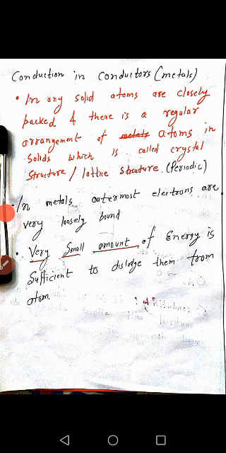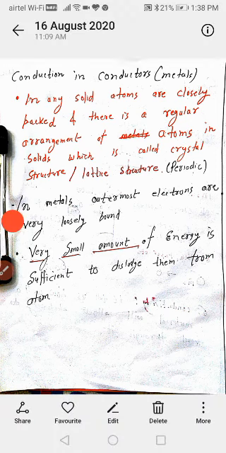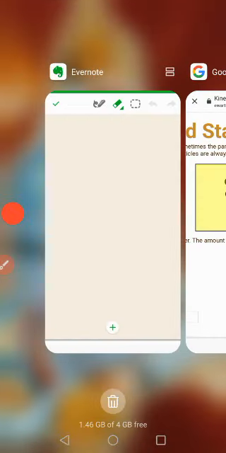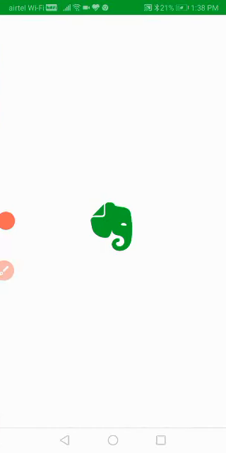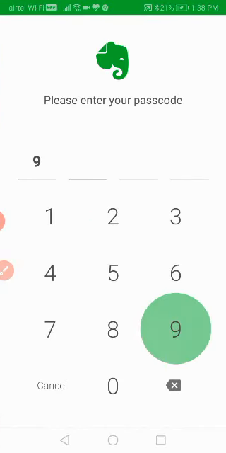In metals, the outermost electrons are very loosely bound. As we know, the outermost electrons are very far from the nucleus.